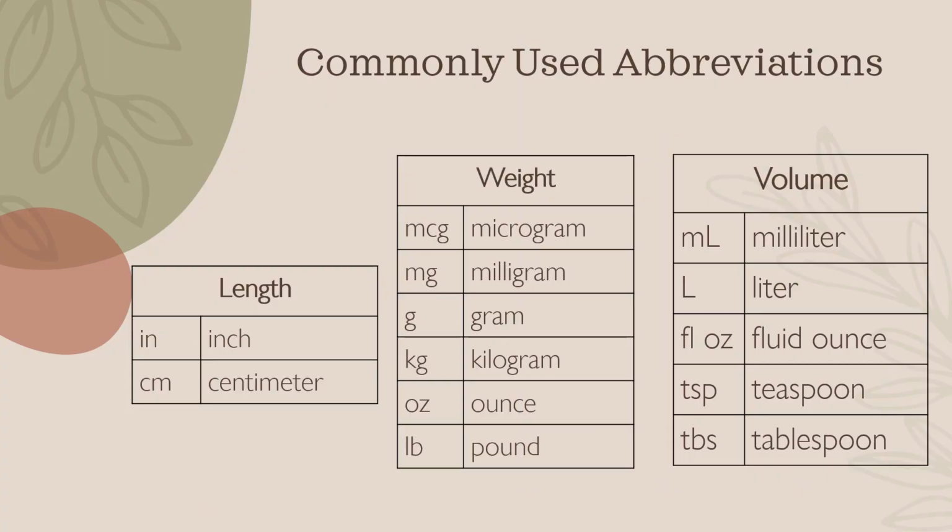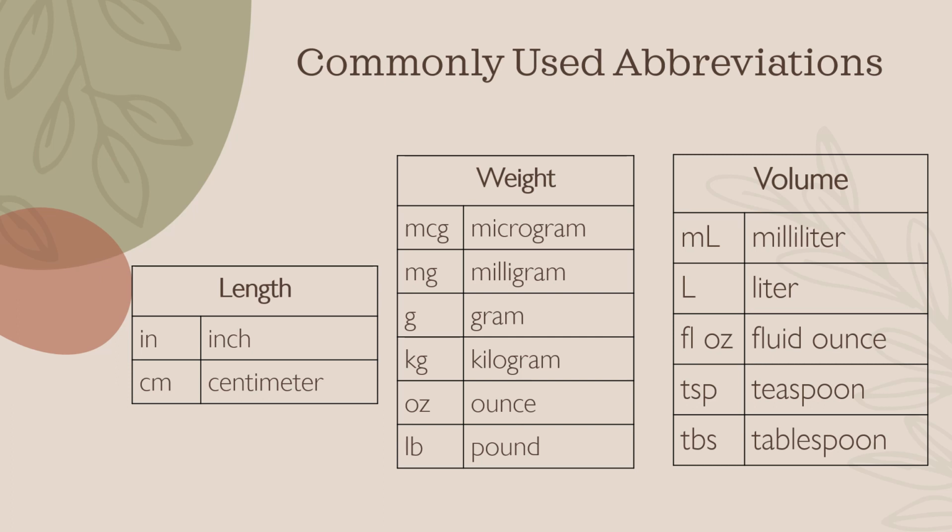So as we begin to talk about some of the household or imperial system to metric or healthcare system conversions, we need to talk about the common abbreviations you'll see related to medication dosages. For length, we see inches, abbreviated IN, and centimeters, abbreviated CM. For weight, we see micrograms or MCG, milligrams or mg, grams or g, and kilograms, kg.